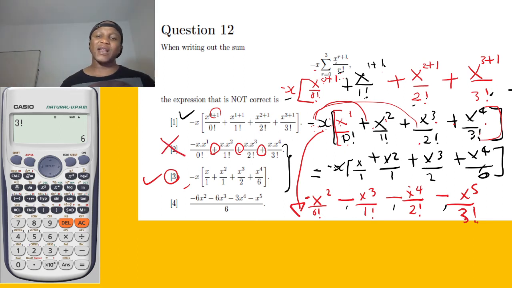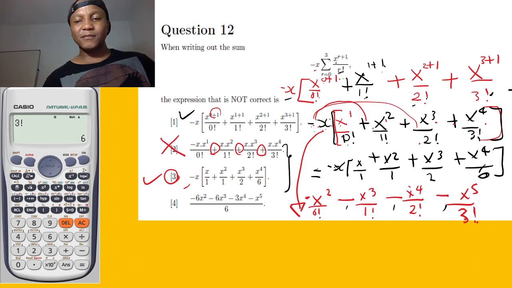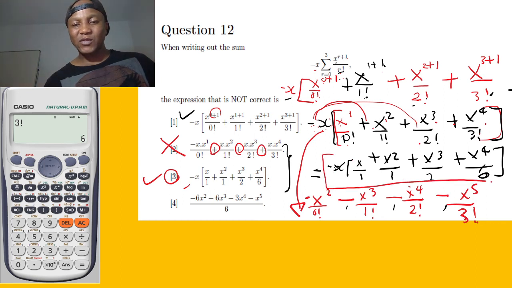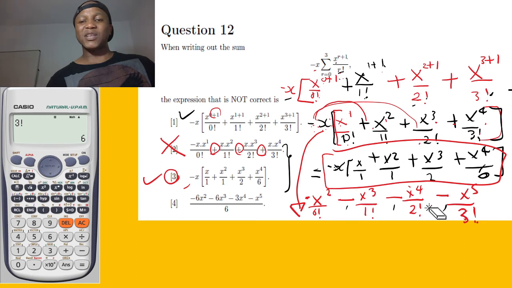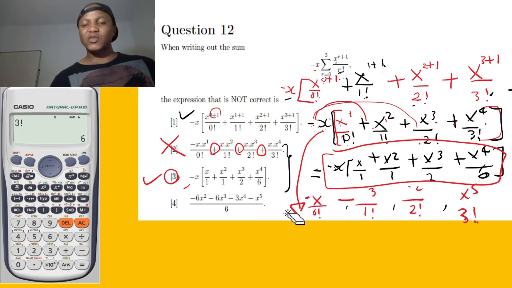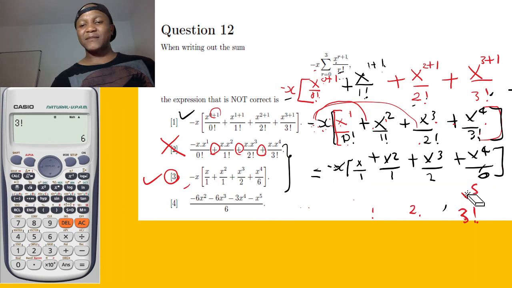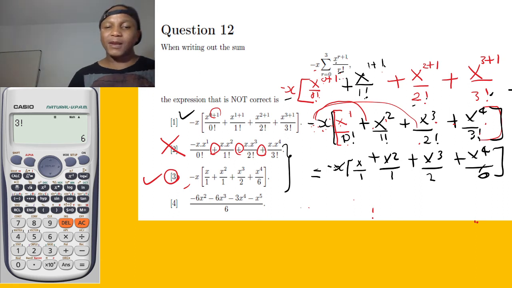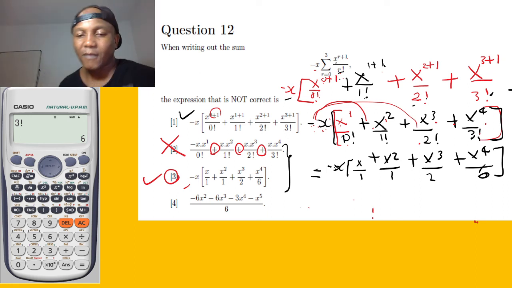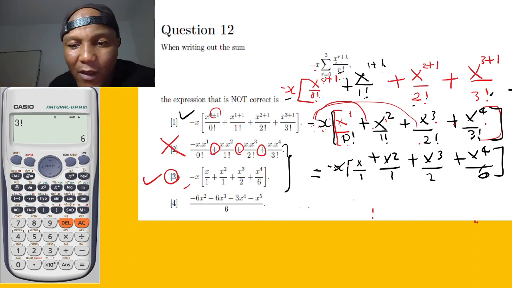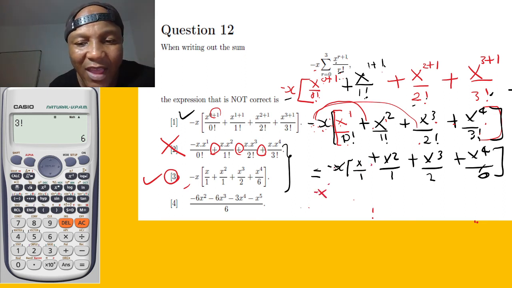Okay, let's go for the last one. So for the last one, what they did, they used this one here. Let me explain to you why. So they tried to find the common denominator and put everything together. Okay, look, let's multiply in. Isn't this going to be x square?